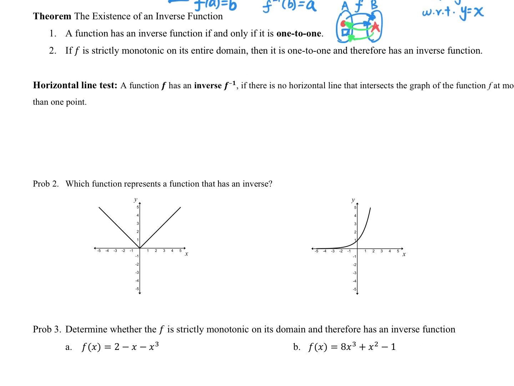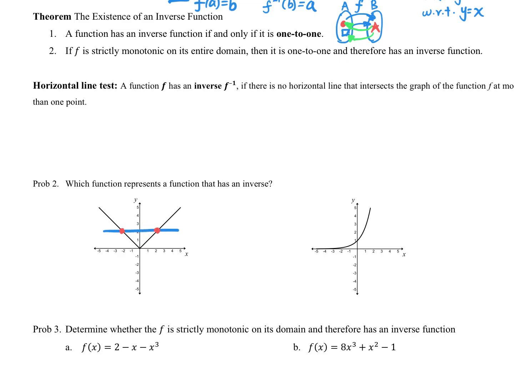Let's apply this to the following. So let's look at the first graph right there. All we need to do is draw a horizontal line, right, and then check how many points it intersects. This time it intersects 2 points on this graph.